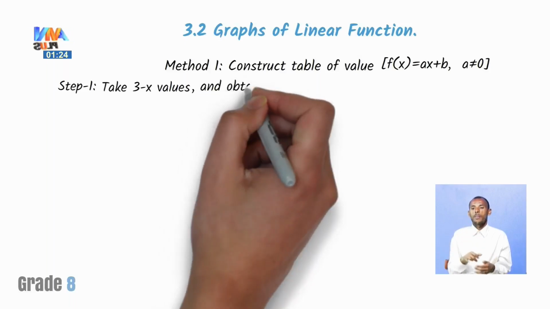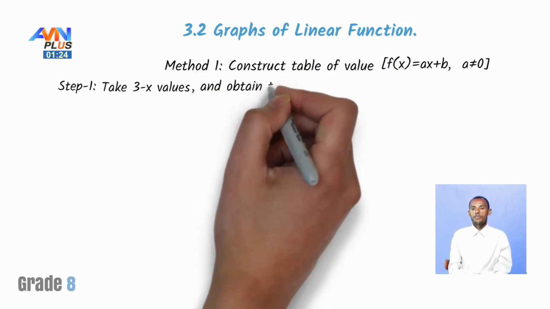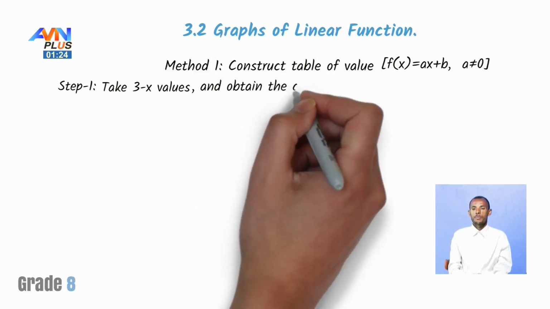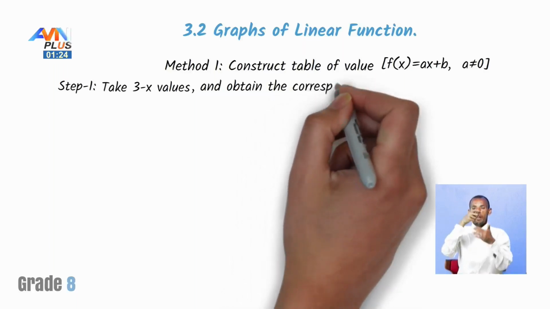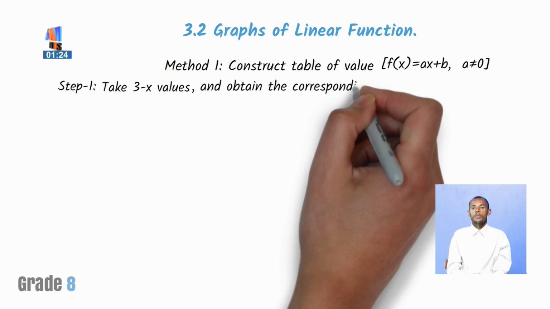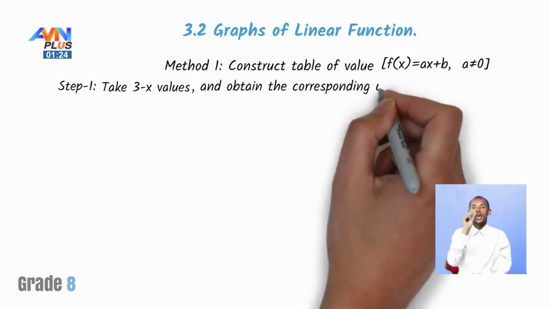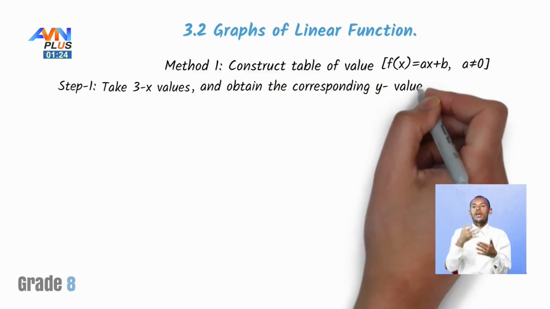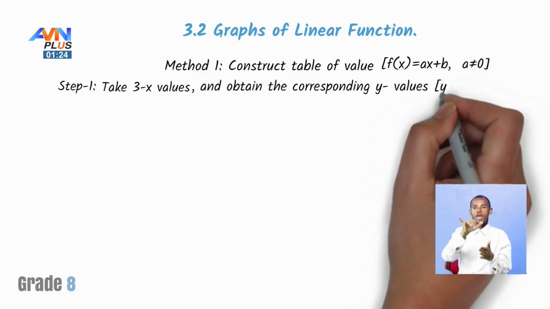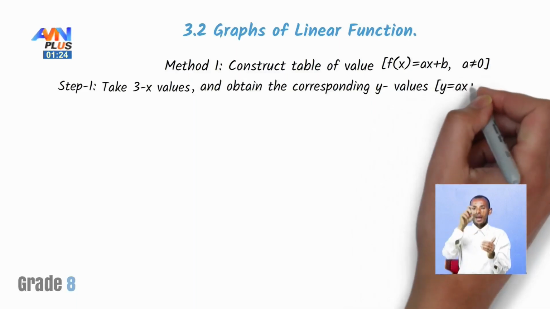We take 3 x values and obtain the corresponding y values, because x and y are related in the form of a function. Here f(x) means y, and y = ax + b, okay?